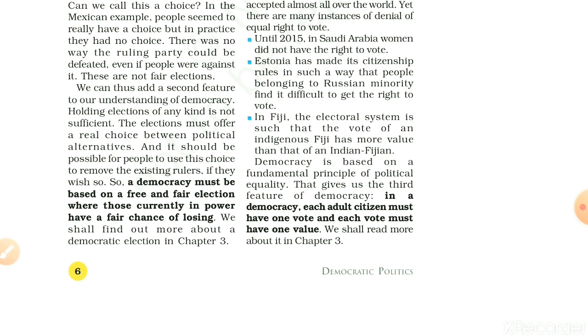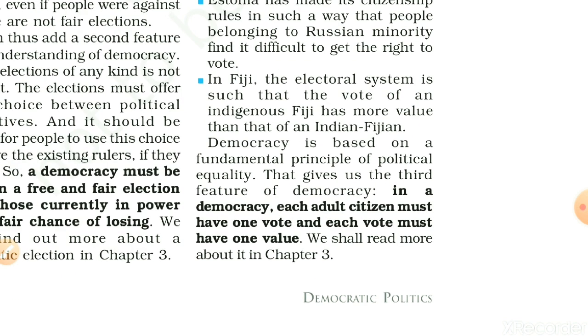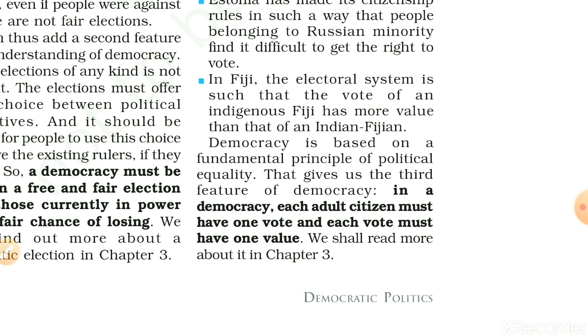In a democracy, each adult citizen, that means adult, not children, must have one vote and each vote must have one value. That means if the president casts their vote and I cast my vote, that is equal.